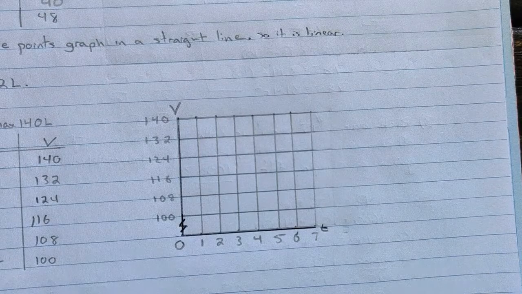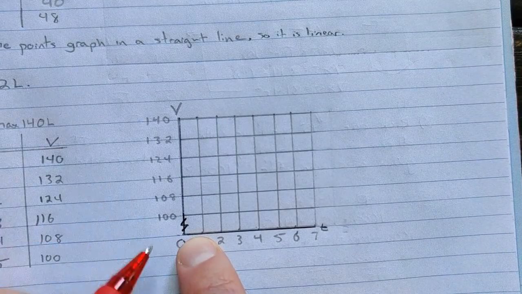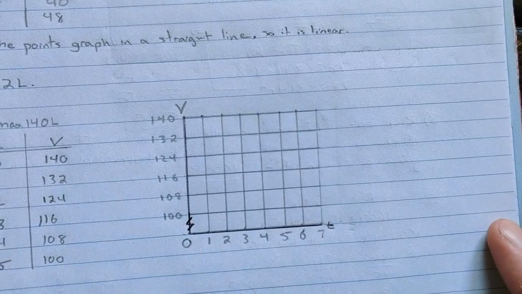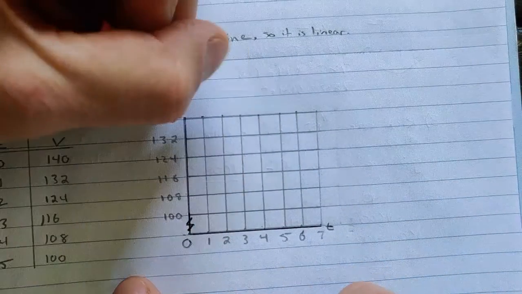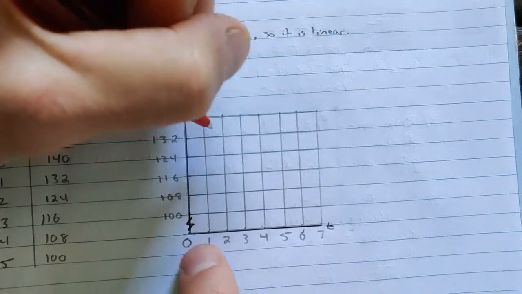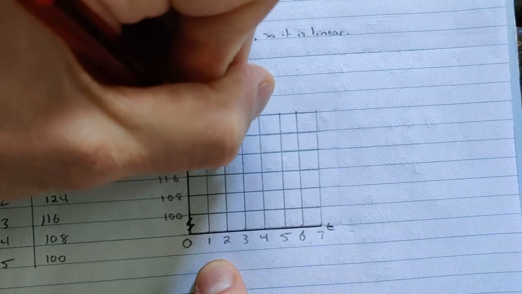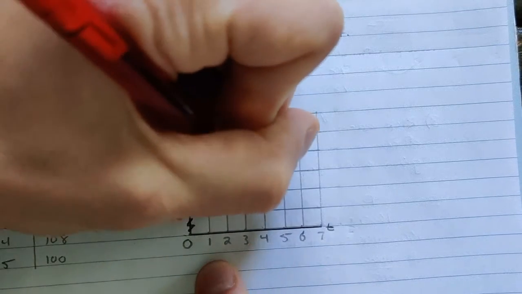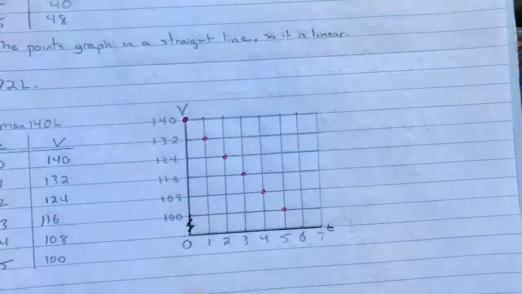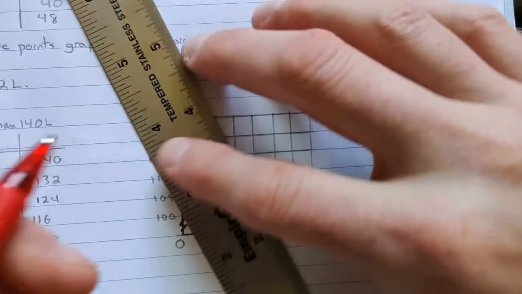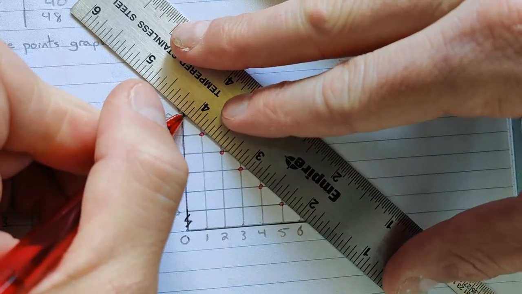So this one here is a broken graph and just counts down from 140. And so I got 0, 140, 1 and 132, 2 and 124, 3 and 116, 4 and 108, and 5 and 100. And there's my graph. I can't extend this one in this case.